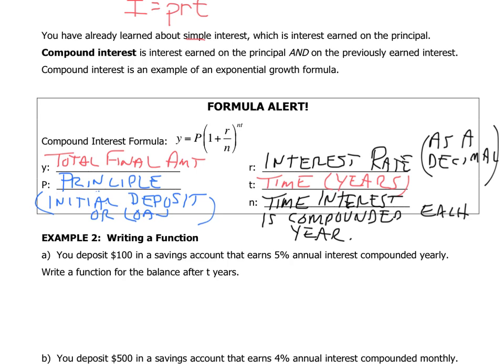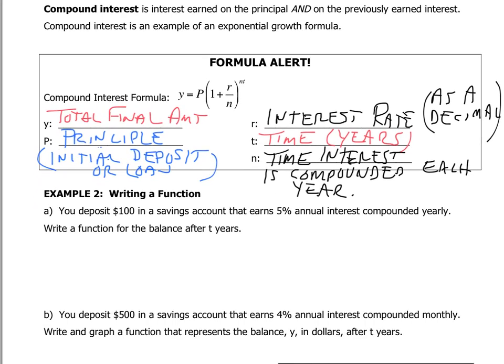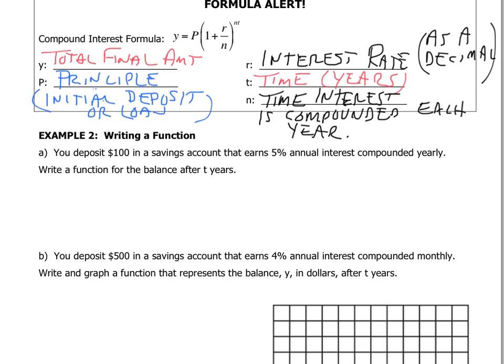So let's look at one of these examples. We're trying to write the function of the situation of depositing $100 into a savings account that's earning 5% annual interest compounded yearly. Okay, so the N in this case, because of that last piece there, is going to be a 1. So that's something that's important to know.